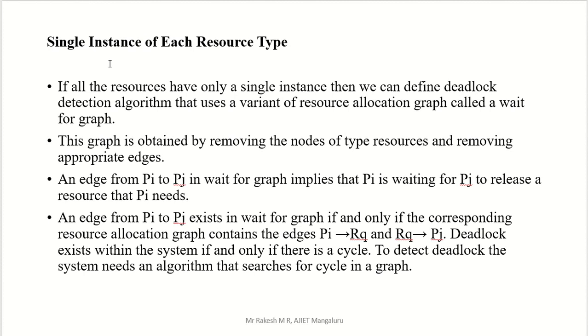There are two methods. One is a single instance of each resource type. Another one is multiple instances of each resource type. For a single instance of each resource type, if all the resources have only a single instance, then we can define a deadlock detection algorithm that uses a variant of the resource allocation graph called the wait-for graph.